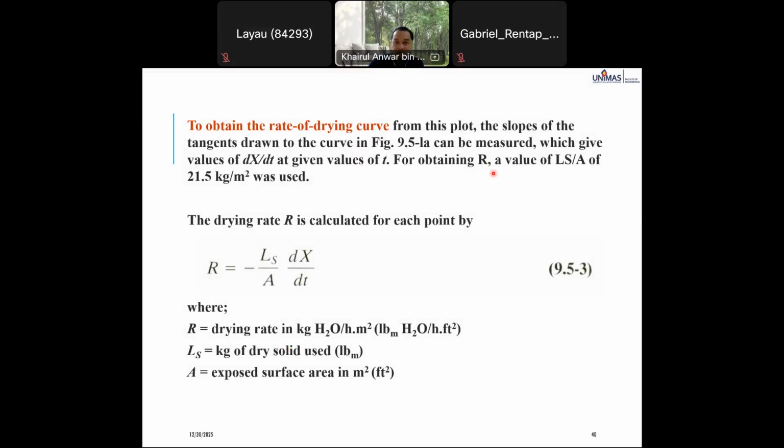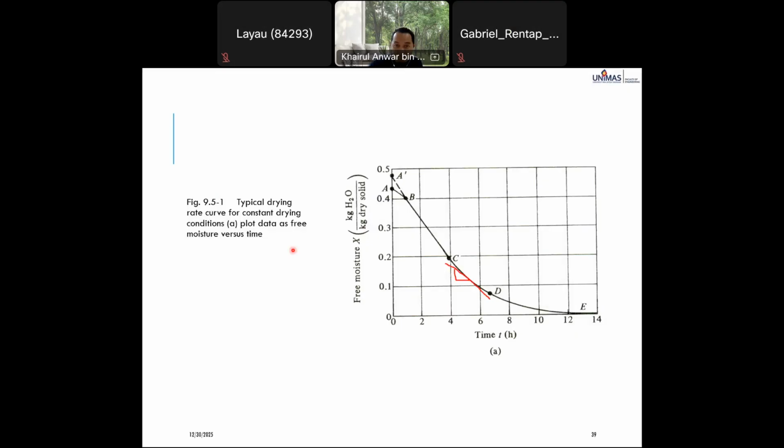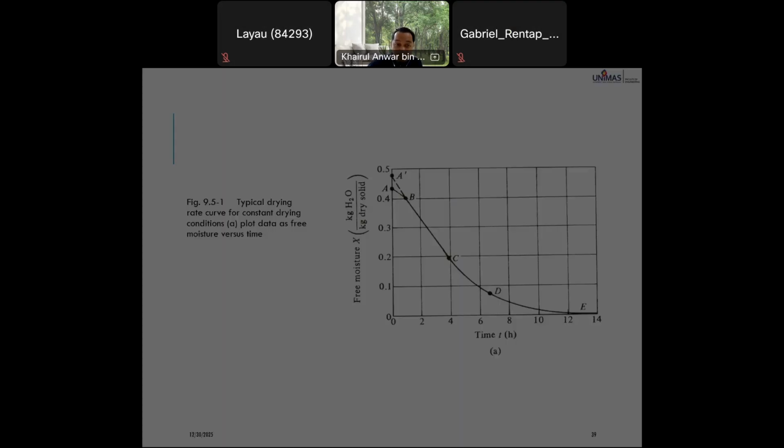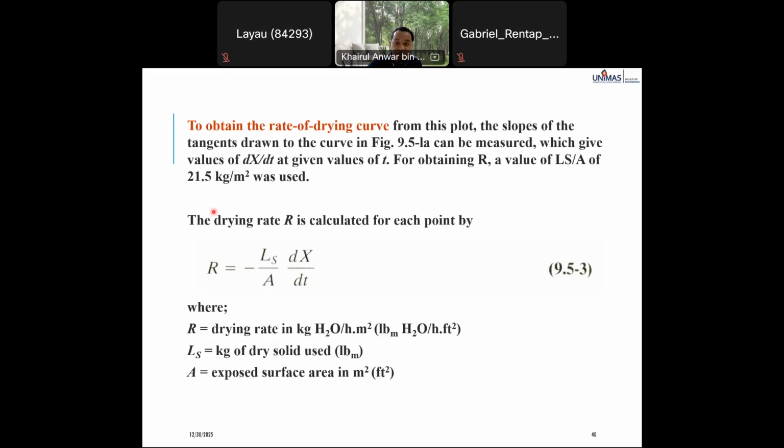For obtaining R, a value of Ls over A of 21.5 kg per meter square was used. So Ls over A for this graph is 21.5. The value is fixed.